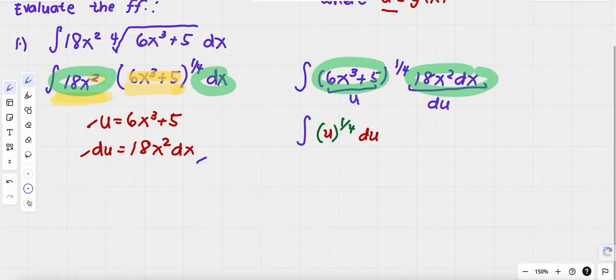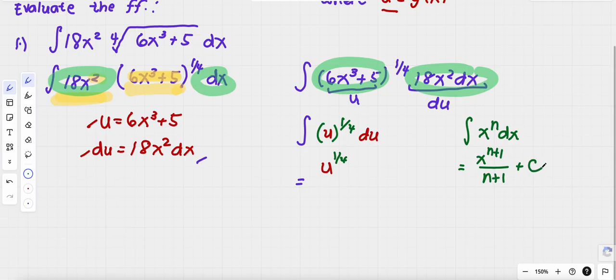Okay. So let's integrate. So the integral of u to the 1/4 du, that will be u to the 1/4. Right? We have the integral of any, say, x to the n dx. This is equal to x to the n plus 1 over n plus 1 plus c. But since we are still substituting, our convention here is this is not the final variable yet.